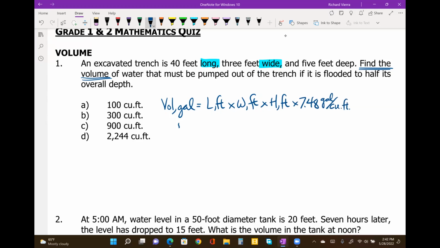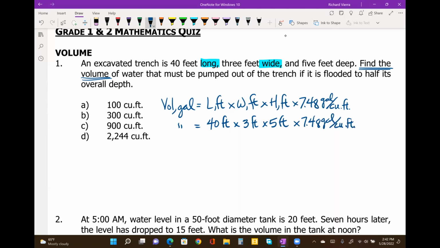Plugging in the numbers that we have here, 40 feet times 3 feet for the width and times 5 feet for the height or depth of the trench, and times 7.48 gallons per cubic foot.